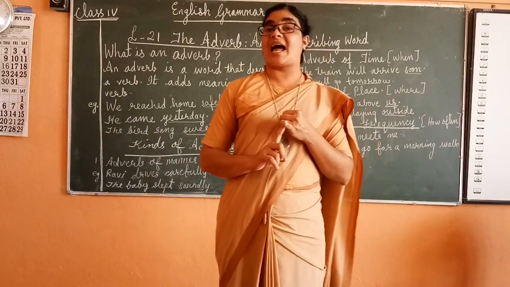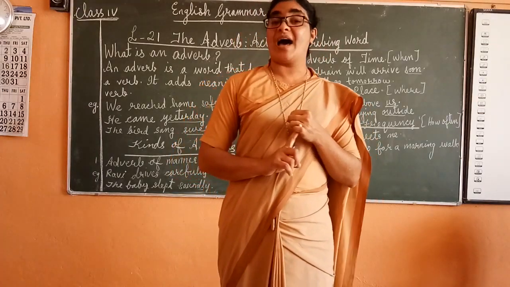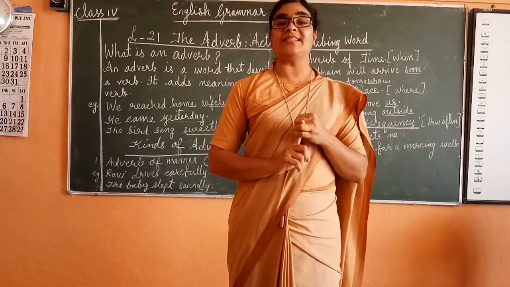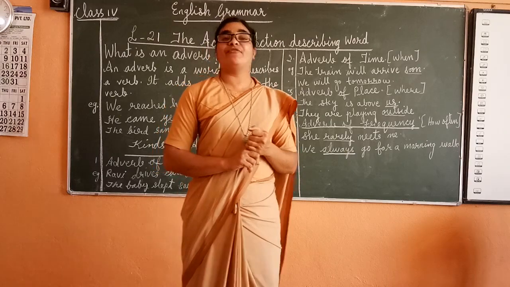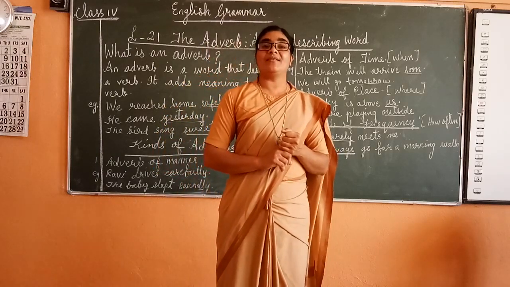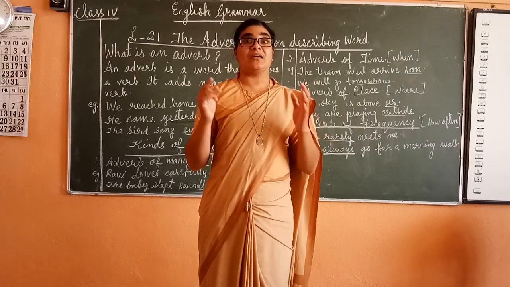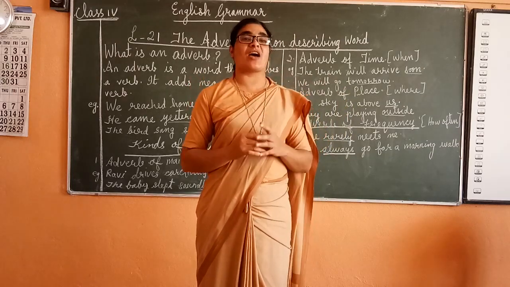So then we have the kinds of adverbs. Number one, we have learned adverb of manner, in what manner an action takes place. Second, adverb of time, when an action takes place, specifically time.